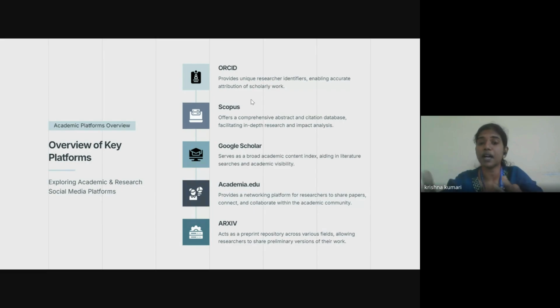This will make our work safe, help us extend it, and help us collaborate with others. By using ResearchGate, Academia, and Google Scholar, we can make our research work much more visible, rather than only sharing it in conferences, FDPs or webinars. By making use of these platforms, we can make our research work much more visible.